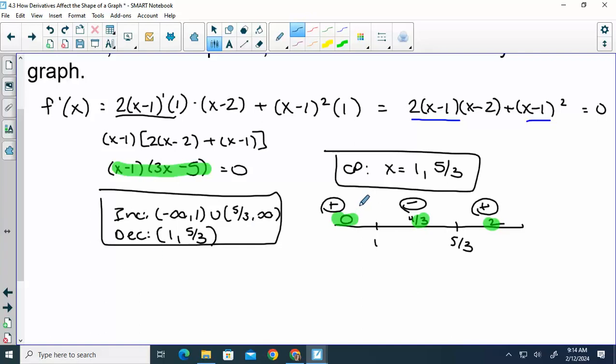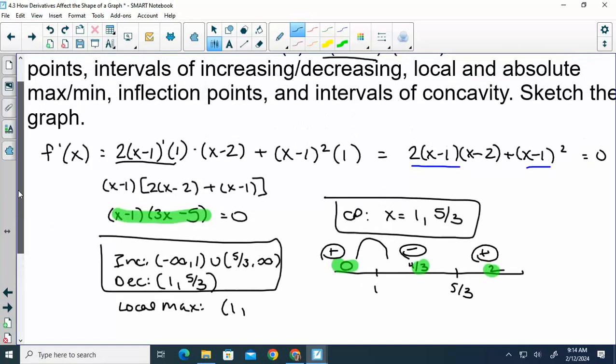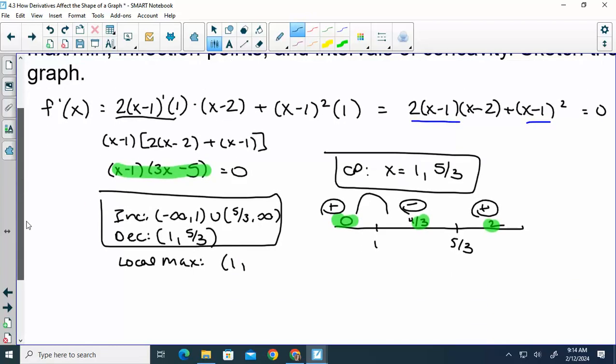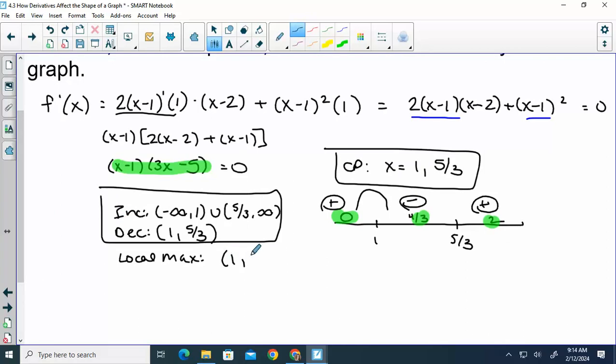We can also get max and mins here. If our graph was going up and switched to going down, that tells us we have a max. To get the y value, you put it into the original. If you put 1 into the original, what do you get? 0.